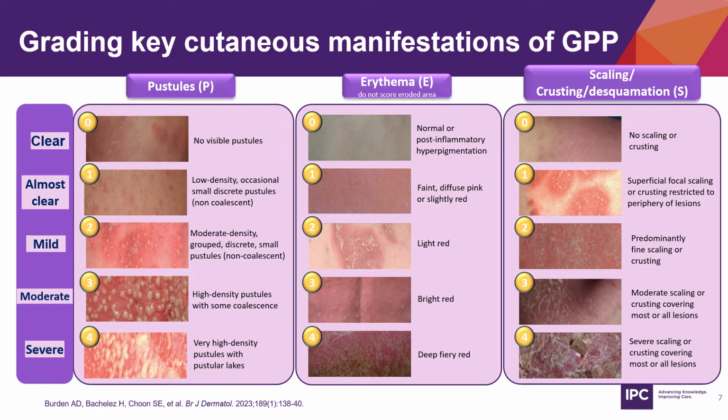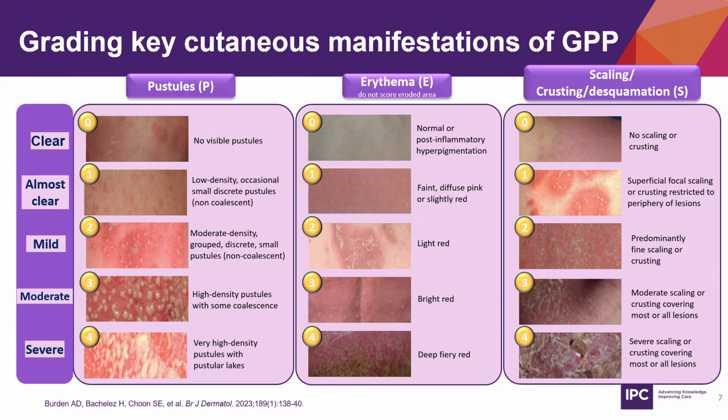A pustulation score of 0 means no visible pustules. 1 means low density pustules without coalescence. 2, moderate density grouped pustules, again without coalescence. 3 is high density pustules with some coalescence, and 4, very high density pustules with lakes of pus.